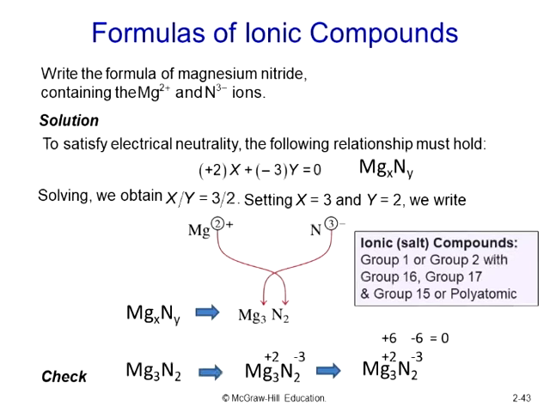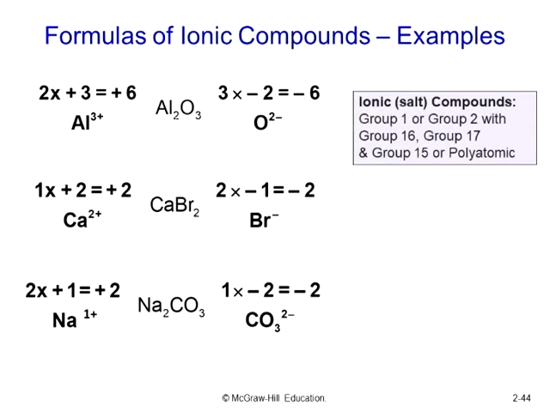So if we check this, we find that the charge of this is 0 because magnesium has a +2. The positive side of this gives us a +6. And nitrogen has a -3. And the negative side of that gives us a -6. The sum of those two equals 0. Here we show you some more examples.